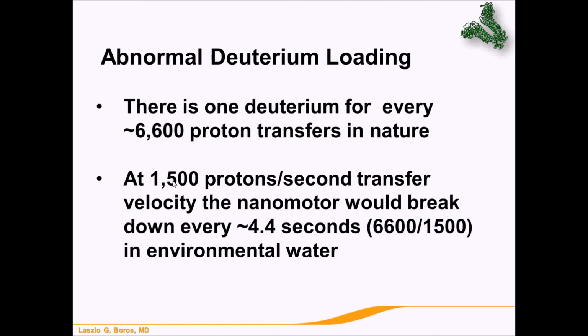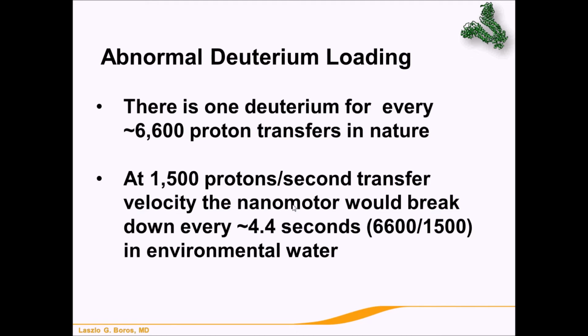And looking at the 1,500 protons per second transfer of protons, if the cells are oxidizing glucose, and there is 1,500 protons per second transferred in the mitochondrial nanomotor using this high velocity of proton transfers, if there is natural abundance deuterium in glucose, this nanomotor may break in about every 4.4 seconds, because this is how much time it takes to actually bump into a deuterium as we are counting protons using natural enrichment.